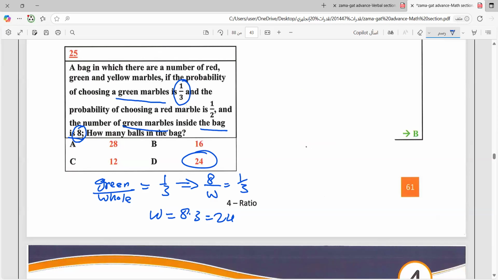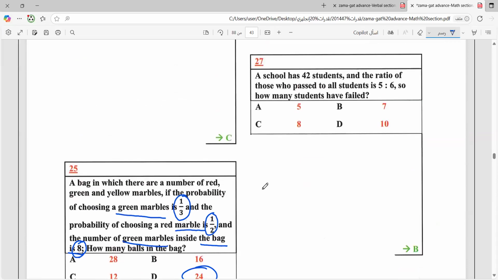This is also a way, but another method. Choosing a red marble is half, but because we don't know it, there is no need to find the red. We only want to find the whole, or all the balls. Like this: green over whole equals a third, then cross multiplying, you get the value.